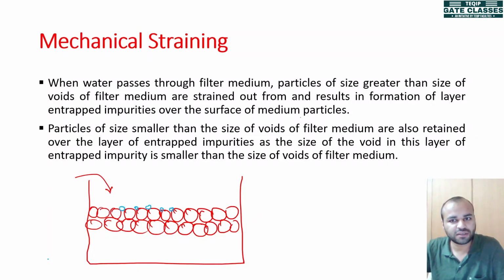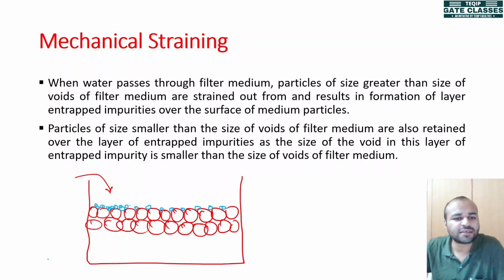They will result in formation of a small layer, and the particles which are smaller in size will percolate through these voids. But the particles which are greater in size will make a thin layer here.